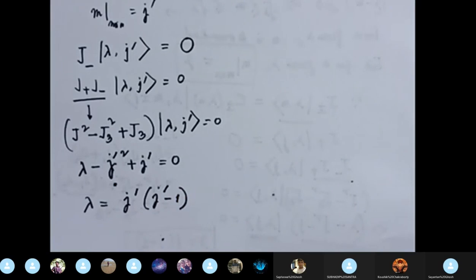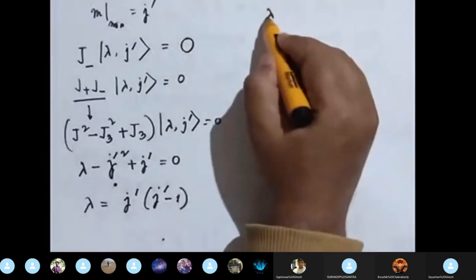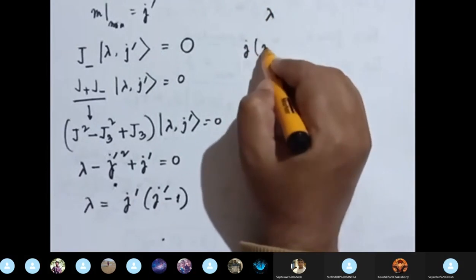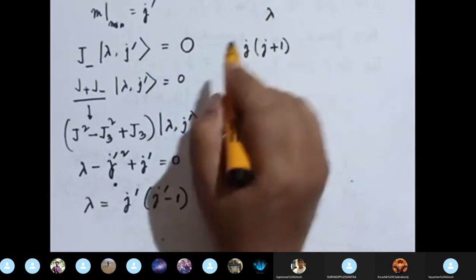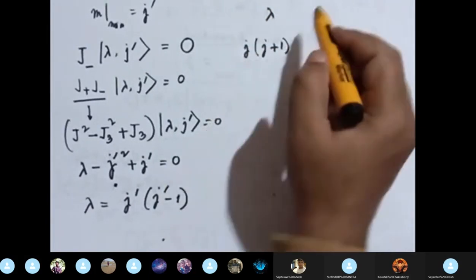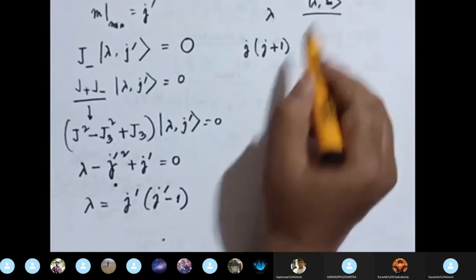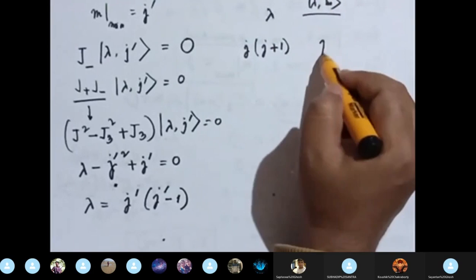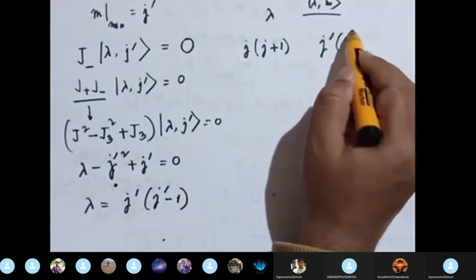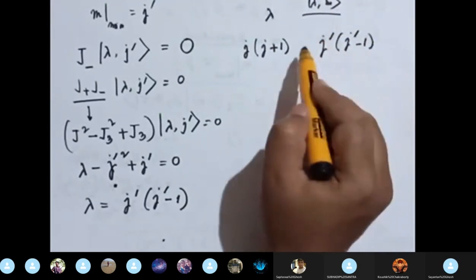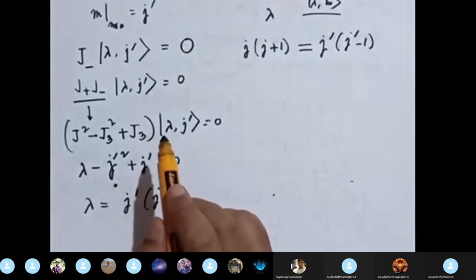Clear? So the same lambda is related to the maximum value of m by this relation, and the same lambda is related to the minimum value of m by this relation. Therefore, they should be equal because both are equal to lambda.